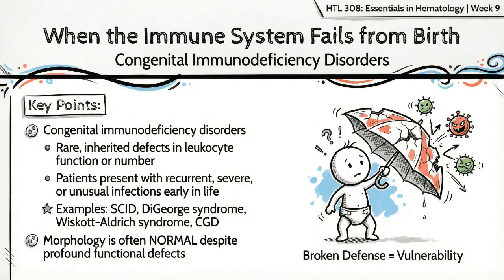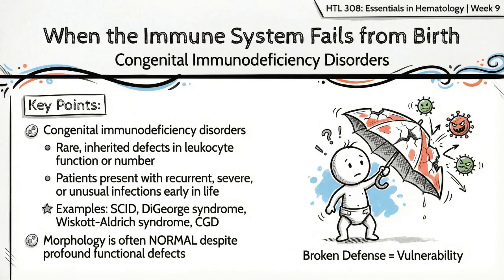Wiskott-Aldrich syndrome is an X-linked combined immunodeficiency with T cell, B cell, and NK cell dysfunction, plus thrombocytopenia with small, abnormal platelets. DiGeorge syndrome results from a 22q11 deletion that causes thymic aplasia and T cell deficiency, along with cardiac defects and hypocalcemia.